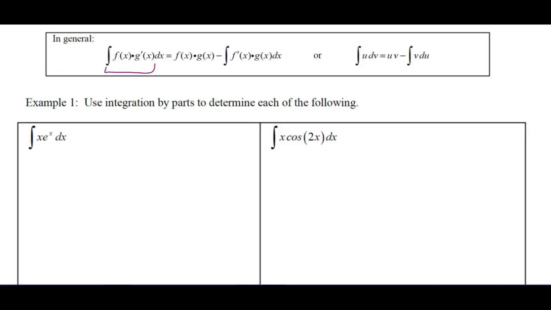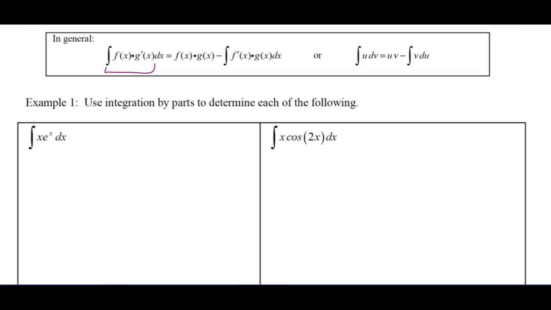Which means when we look at this, one of these guys, either x dx, right, that would be the derivative, and then e to the x would be the function, right? So we have a function and we have the derivative of a function. So if this is the derivative of the function, this is the function, or we can treat them as this is the function and this is the derivative. So we need to choose.